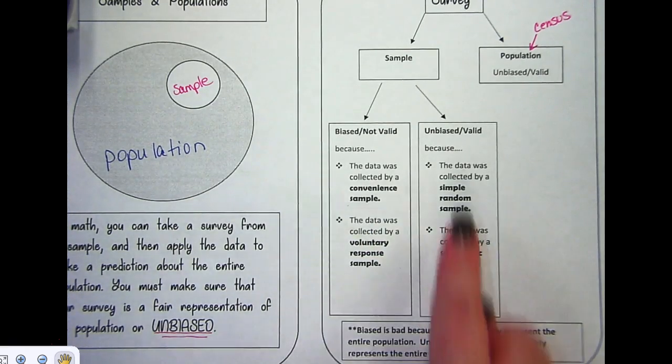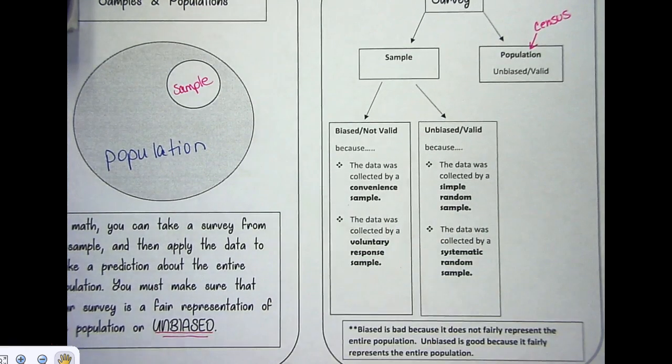You are responsible for understanding what all 4 of those terms mean. And then there's a note here you might want to highlight. Biased is bad because it does not fairly represent the entire population. Unbiased is good because it represents the entire population.